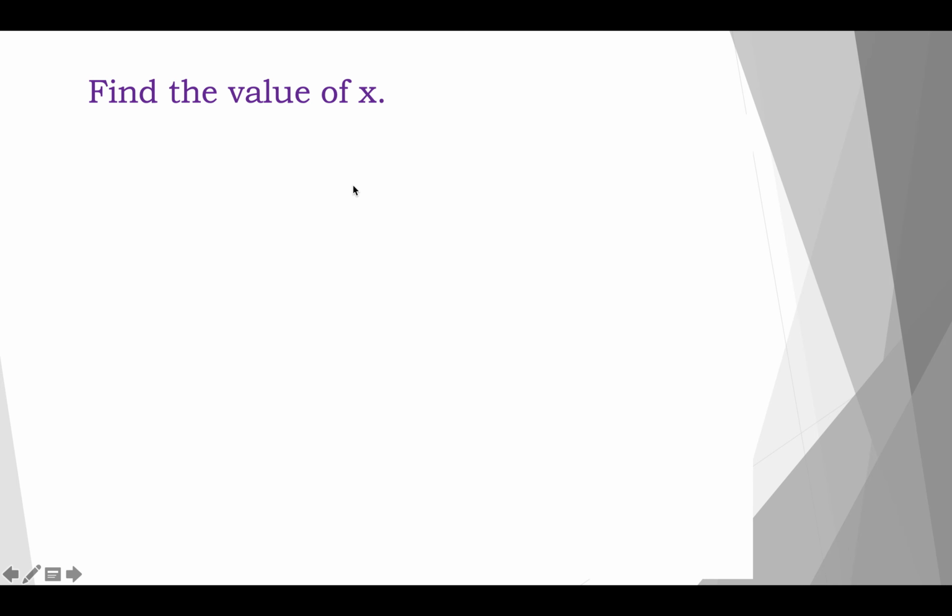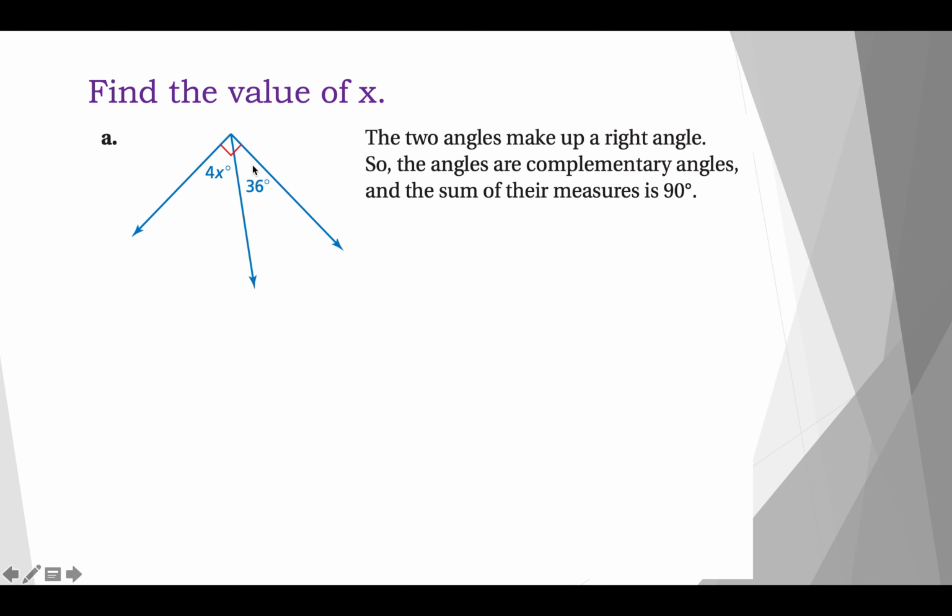Find the value of x. So here you need to find the value of x. What do you notice here? You can see a small square. What does that mean? It means these two angles are complementary. So form an equation which is 4x plus 36 equal 90.